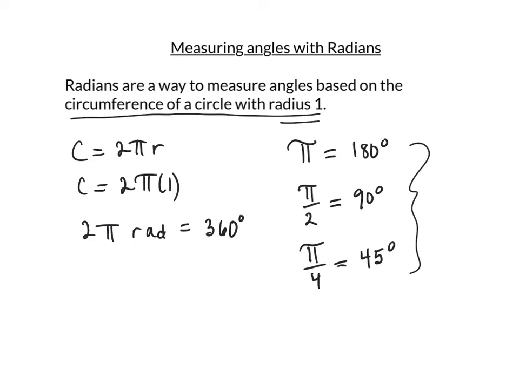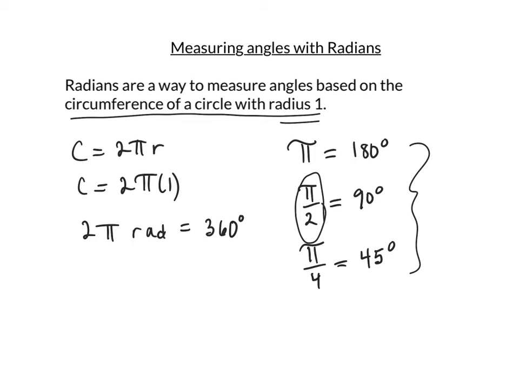Now, a good way to look at this is remember that pi is 180 degrees. Look at pi over 2. Well, remember that pi is 180 degrees, and 180 divided by 2 is 90. Pi over 4 is 180 divided by 4, which is 45.